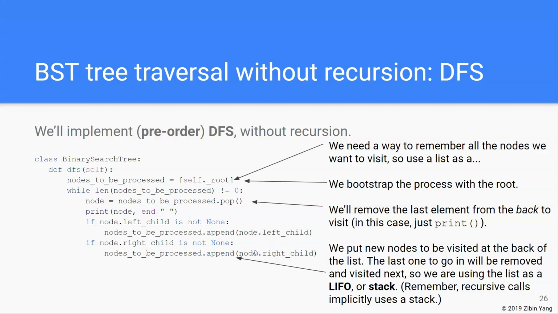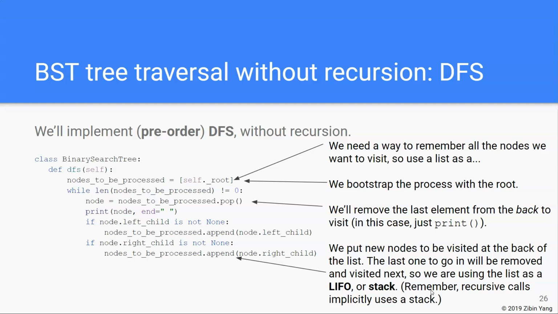So what we're doing effectively is we are using the list as a last in, first out data structure. And the last in first out data structure is a stack.